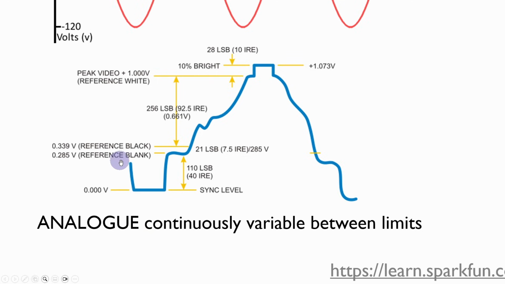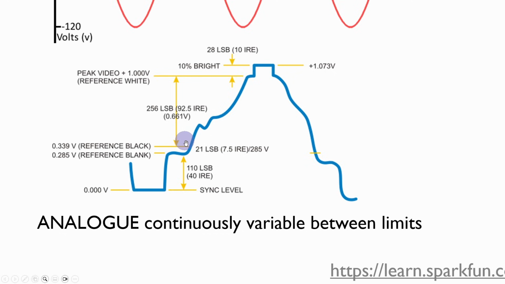This actually shows a composite video signal that would go out to a monitor or a TV using the composite sort of connector. And you can see that there's different voltage regions within this particular signal that mean different things to do with all the various sync levels, brightness, and various other things like that.